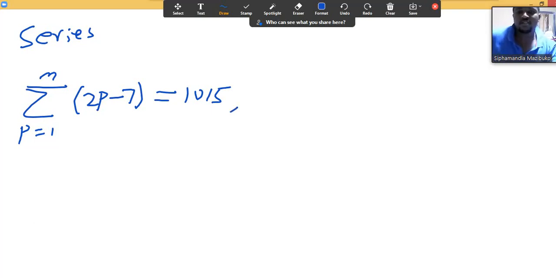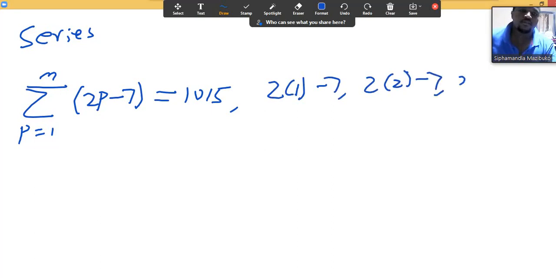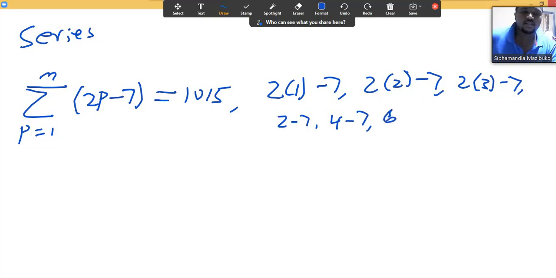What can we do here? Let's try firstly to find the first three terms of it. We have 2 times p is 1 minus 7, 2 times p is 2 minus 7, and 2 times p is 3 minus 7. So this is our first three terms. This is nothing but 2 minus 7, 4 minus 7, and 6 minus 7.